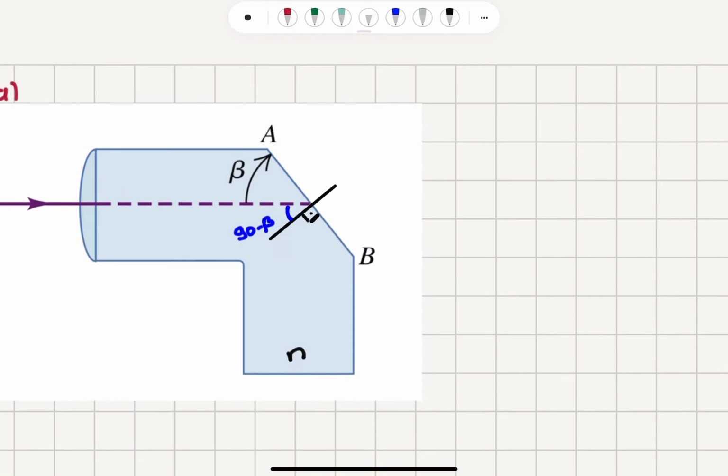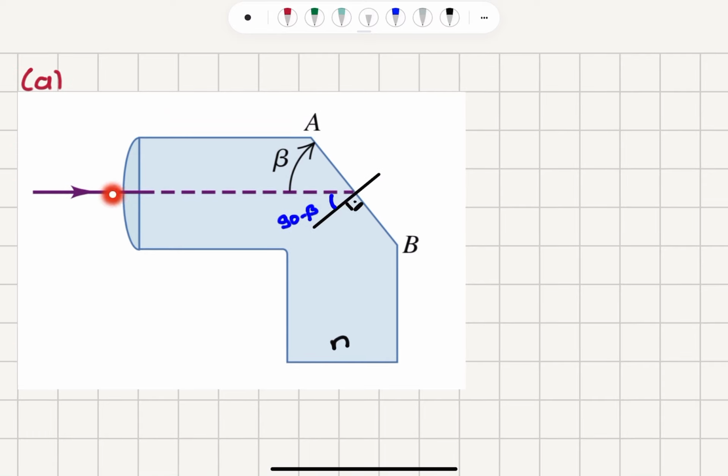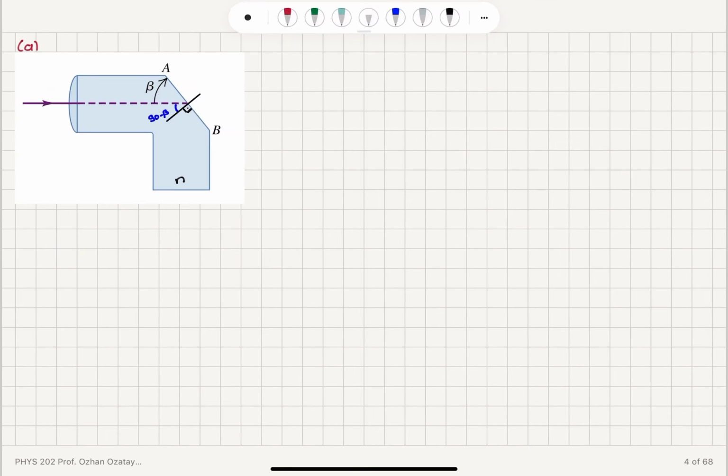So here is the light beam coming parallel to the top of the plastic pipe, and it makes an angle beta with this cut, AB cut. Therefore, it makes an angle 90 minus beta with respect to the normal to this surface, and the plastic has an index of refraction n.